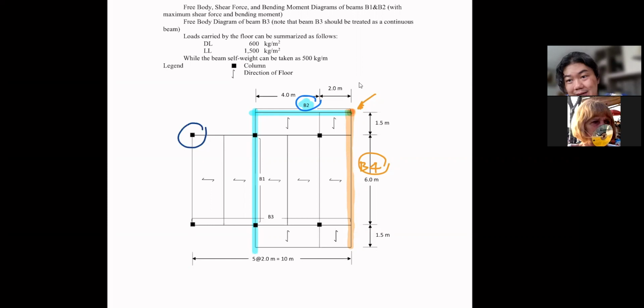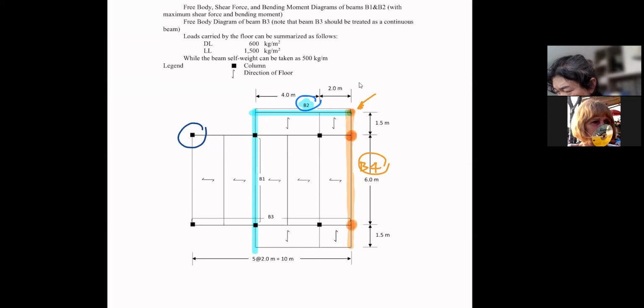when you see a corner like this in a real building, what you need to do is to try to locate the support for B2 and B4 first. But B4 would have to be supported by the cantilever portion coming out of this column.